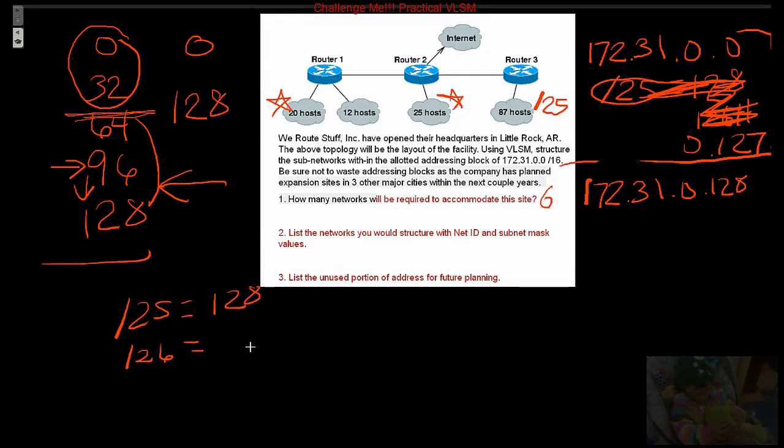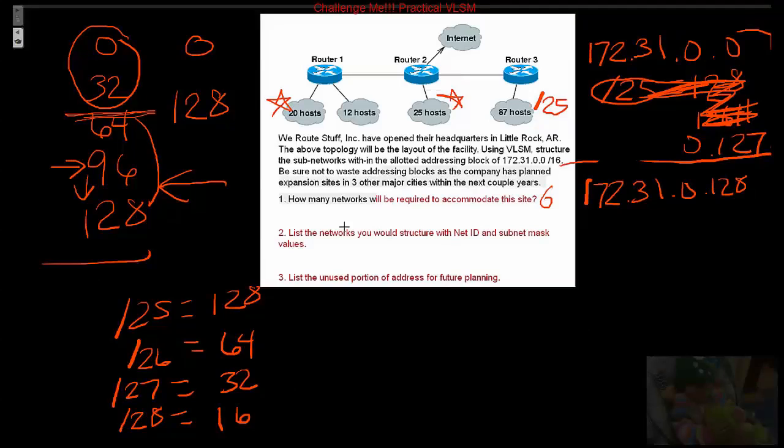/26, divide that in half, it becomes a network of 64, 62 hosts. A /27, that becomes a network of 32 minus 2, 30 hosts. That accommodates fine. If we go any further, /28, down to a network of 16 or 14 hosts.